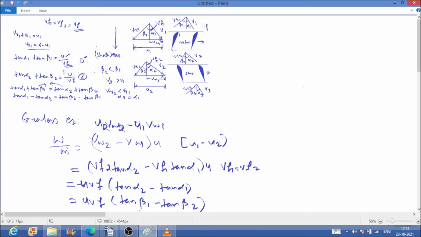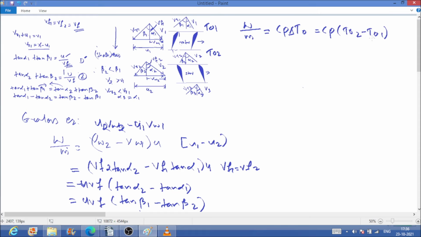Now if T01 is the stagnation temperature at the inlet of the rotor, and T02 is the outlet temperature of the rotor, I can define this work done per unit mass as Cp delta T0, which is the stagnation temperature difference, that is Cp (T02 minus T01).